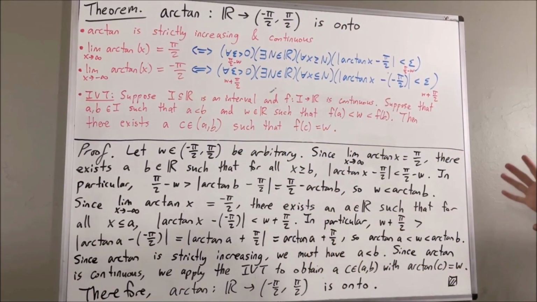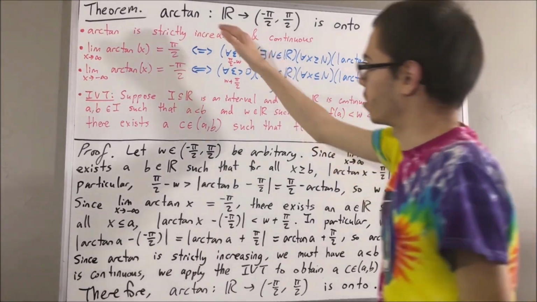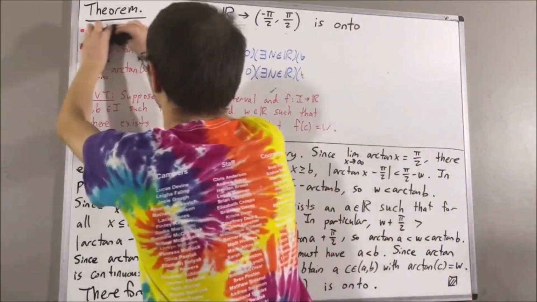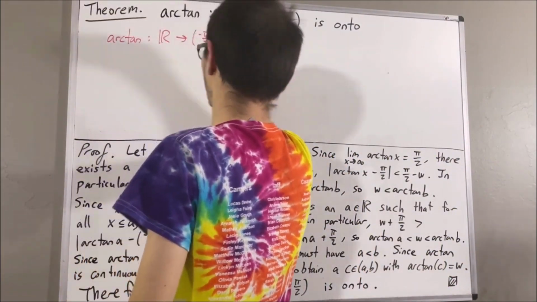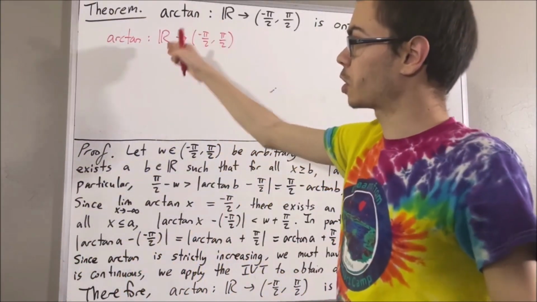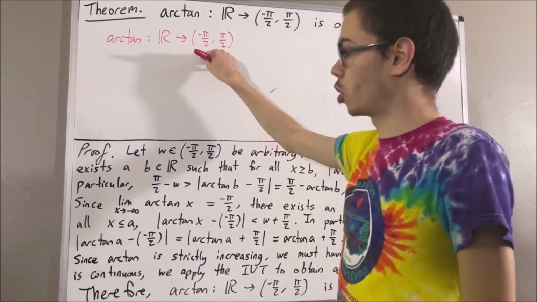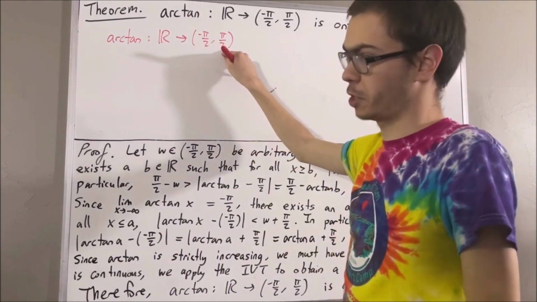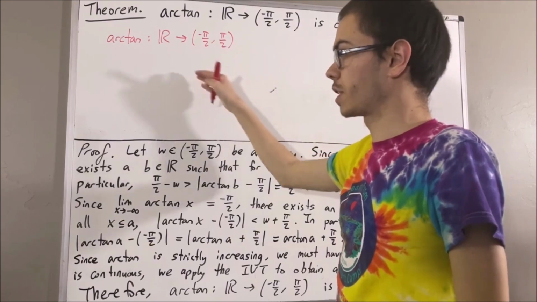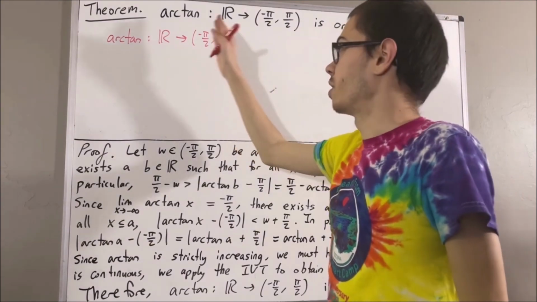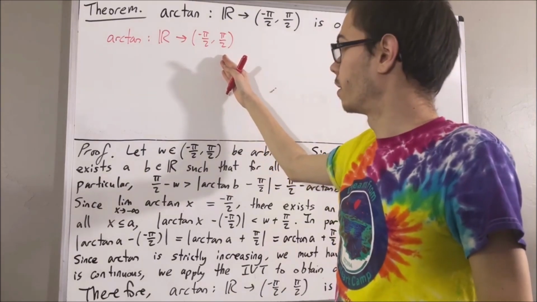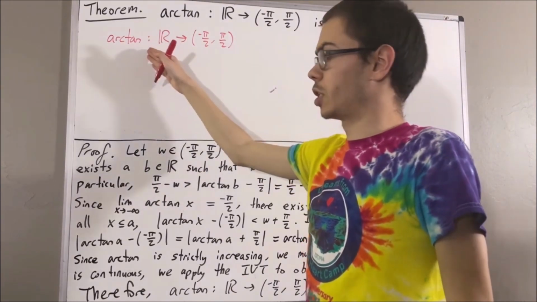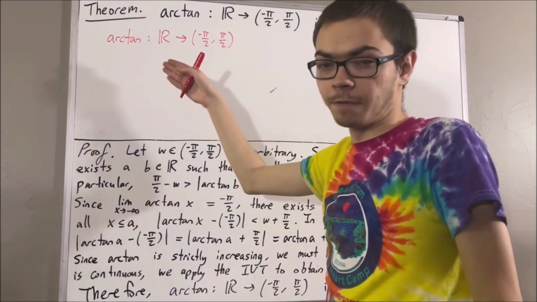So now, let's talk about what we know so far about the arctangent function. We know that the arctangent function is a function from the real numbers to the open interval negative pi over 2, pi over 2. Right? In other words, for every real number x, the arctangent of x belongs to this interval. And we know that the arctangent function is a strictly increasing function.